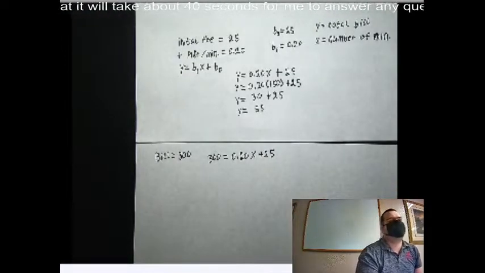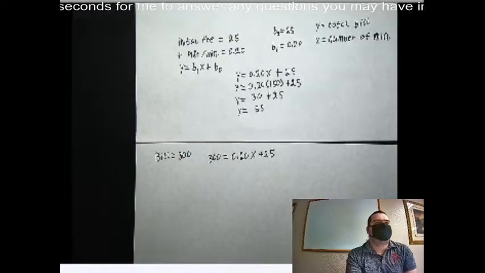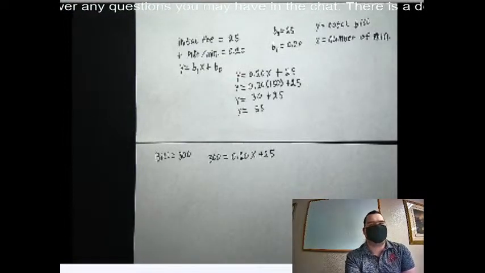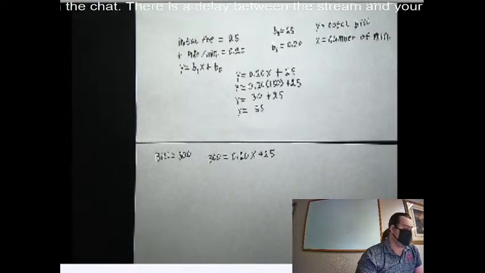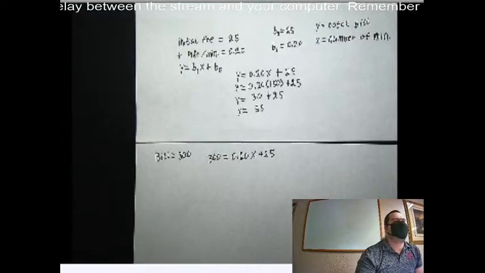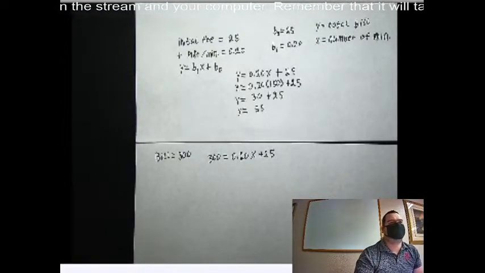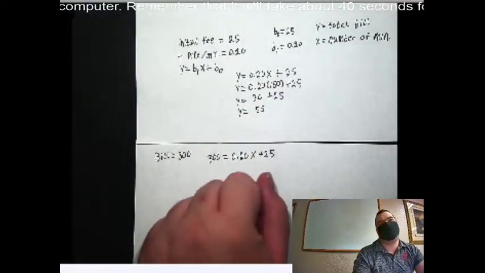And we have plus 25. Okay, so we know that the bill is $300, but we don't know how many minutes. We want to know how many minutes were used to get this bill. So we need to solve for x. We need to get x by itself, just like up here where y was by itself, and it was very easy to figure out what y was.